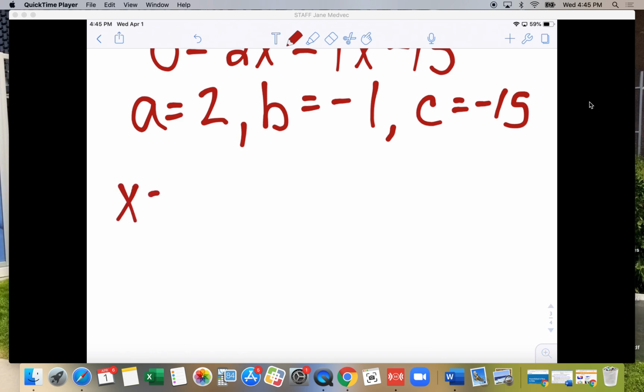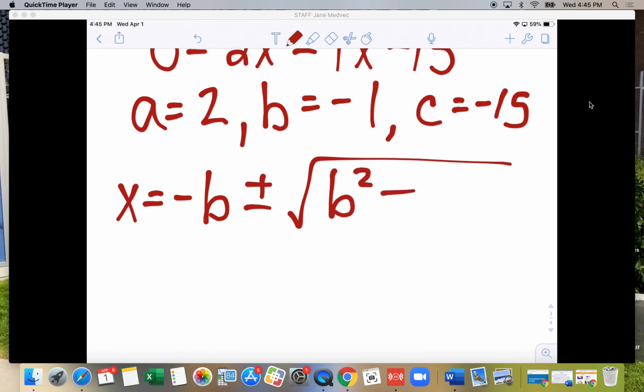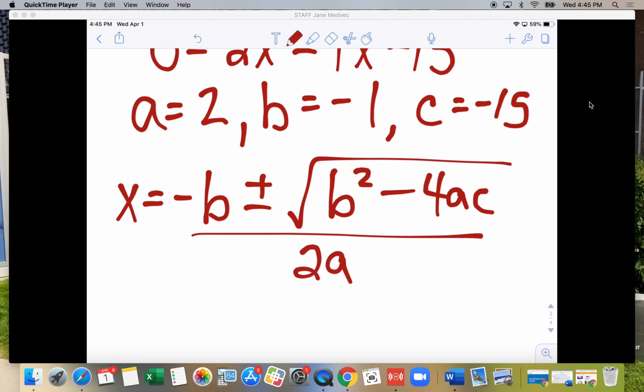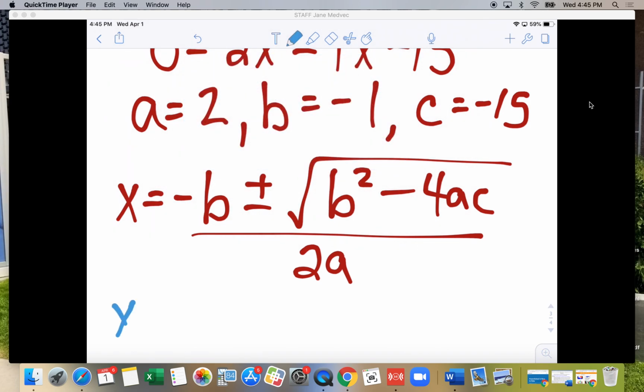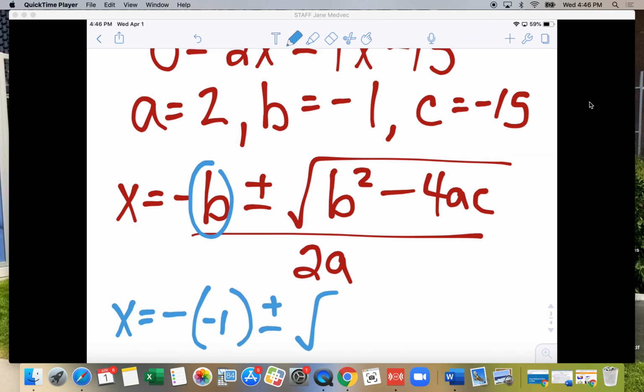So x equals negative b plus or minus the square root of b squared minus 4ac, all over 2a. So we're going to use this now with that formula. I'll change color here to make it a little bit easier for you. x equals negative, I'm going to grab b, which is negative 1, plus or minus the square root.